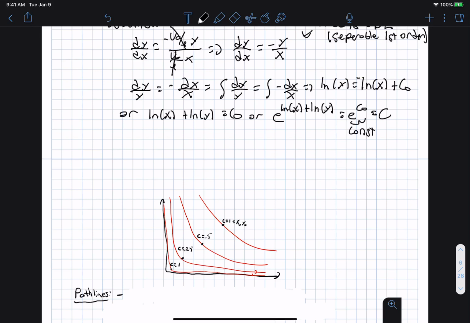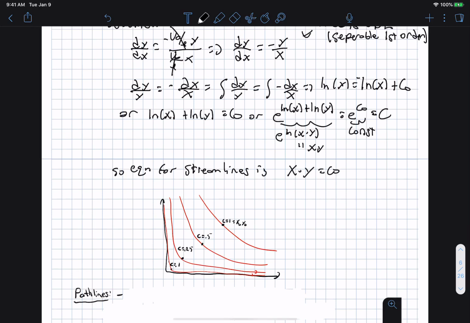Because e to a constant is just a constant. And this is e to the ln of x times y, which is just equal to xy. So the equation for our streamlines is x times y equals some constant.